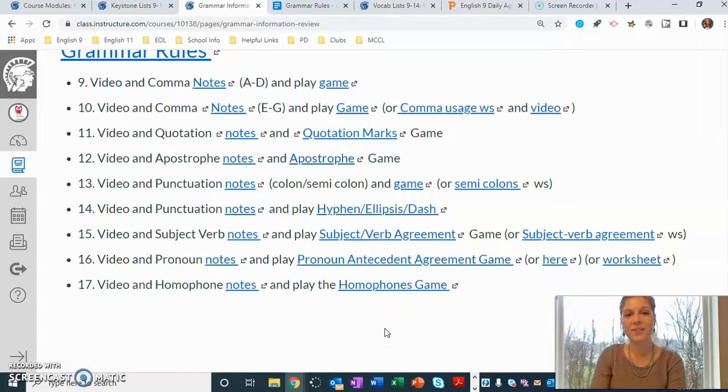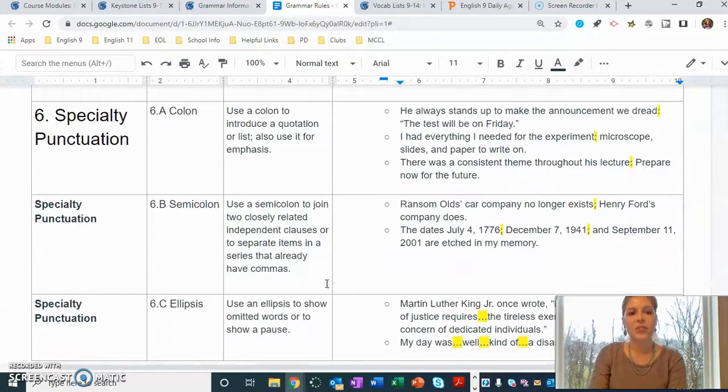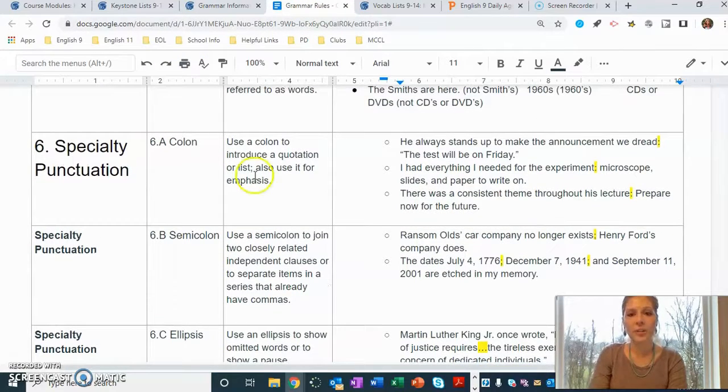Alright, up next, colons and semicolons. So, colon, you can use it to introduce a quote or a list, or you can also just use it for emphasis. That's the two dots, one above the other.